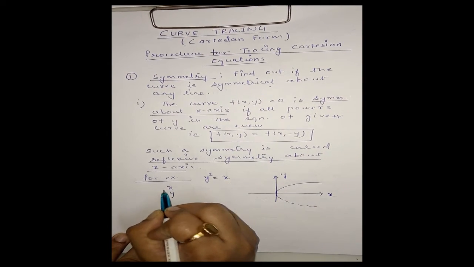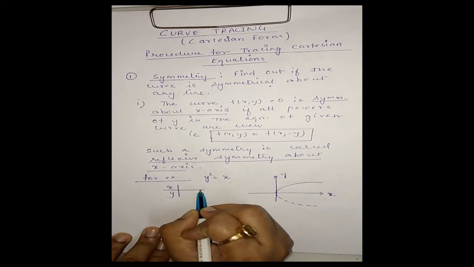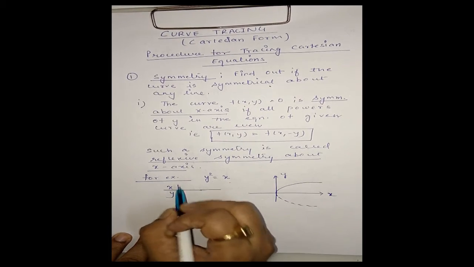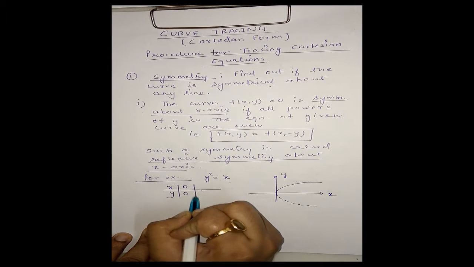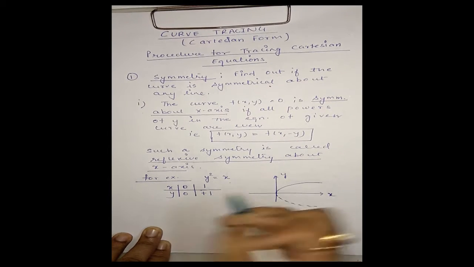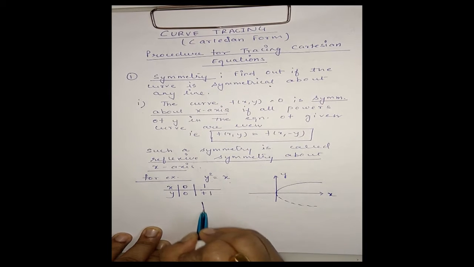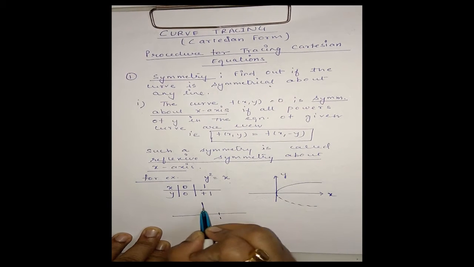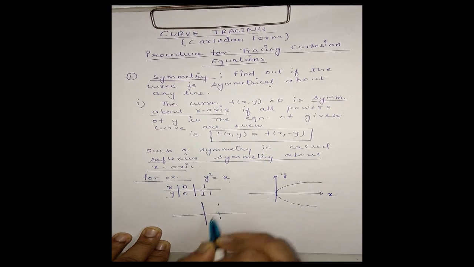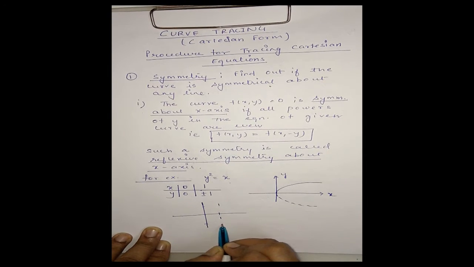If we trace this curve by giving values to x, when x is 0, y is 0. When x is 1, y is plus or minus 1. We are getting the graph of this form only. Here x is 1, y is plus or minus 1 here and here.